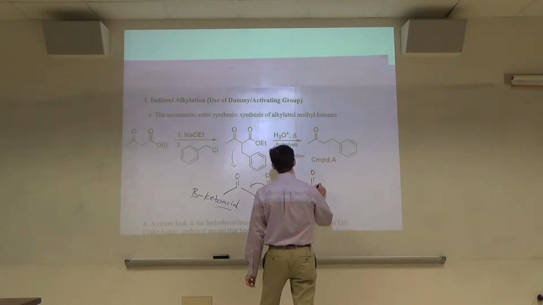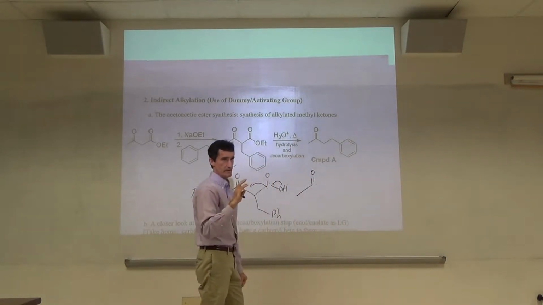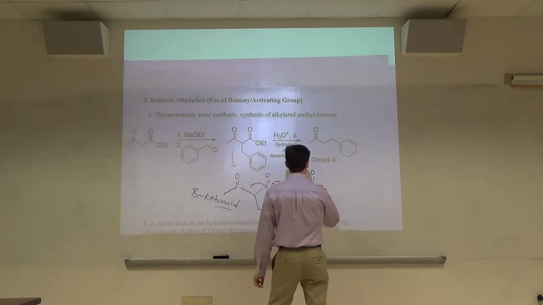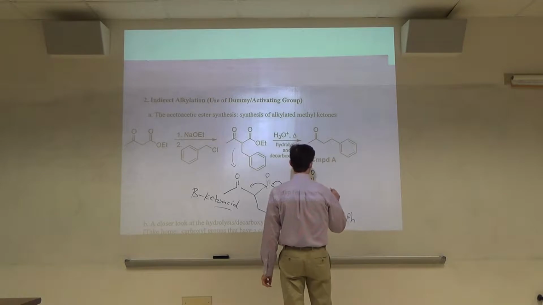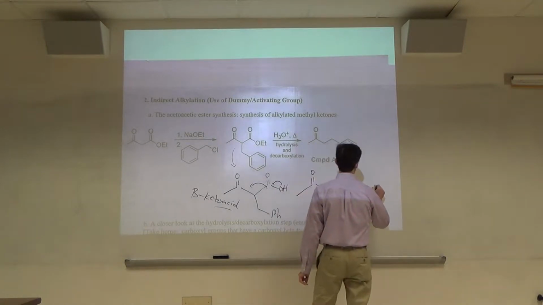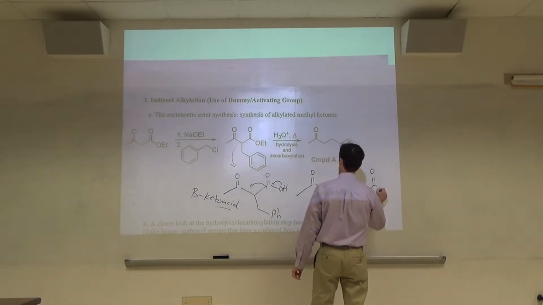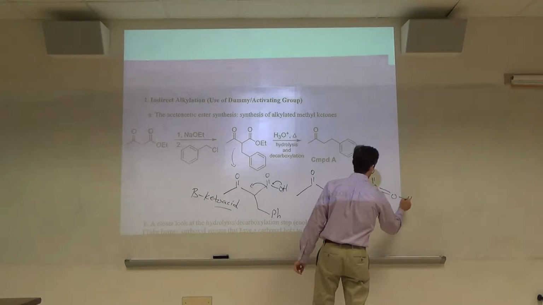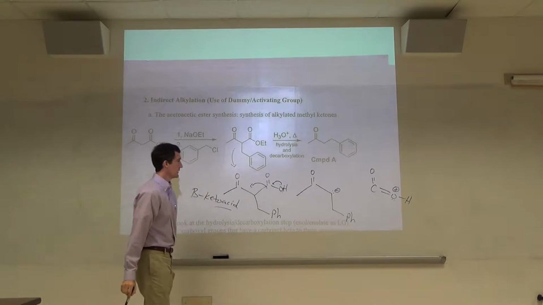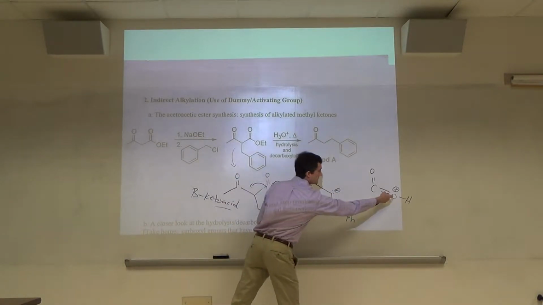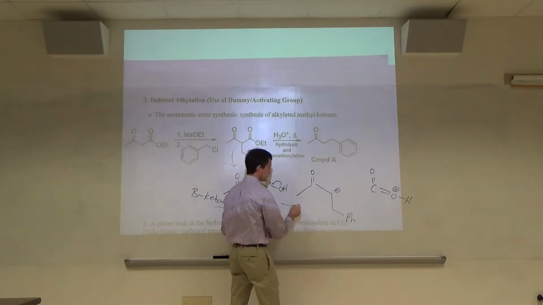Now this is not the exact mechanism, but this can be some of the thought process. That's going to be a minus, and what are we going to get over here? COOH. It's going to be a plus charge. Make this pi bond kick off the leaving group.